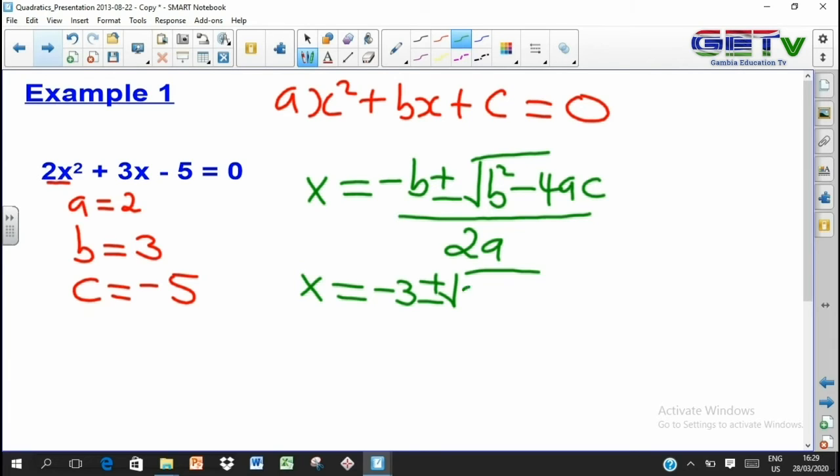So we put 3 squared minus 4. 4ac means 4 times the value of a times the value of c. So we multiply 4 times our a value, which is 2, times our c value, which is -5. All over 2a. Our a value is 2, so that's going to be 2 times 2.